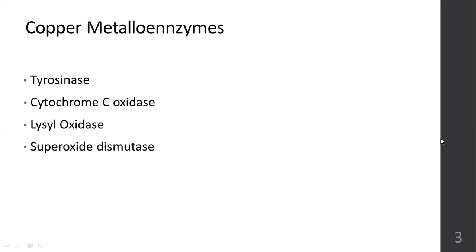Next is superoxide dismutase. It functions like an antioxidant. It protects your body against inflammation and oxidative stress. There are certain diseases in humans that take place because of too much oxidation, and superoxide dismutase can take care of that.